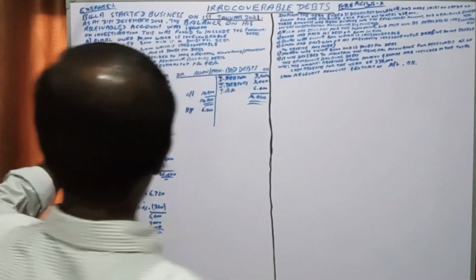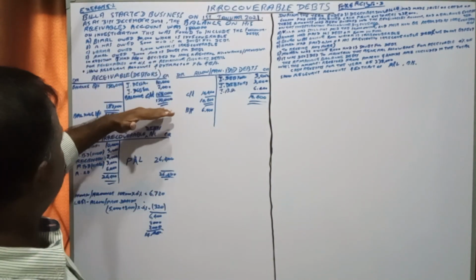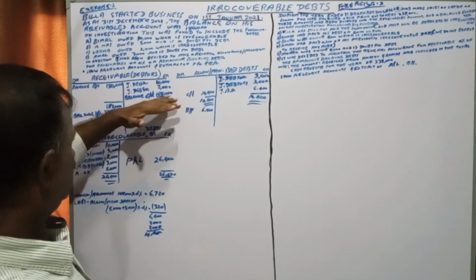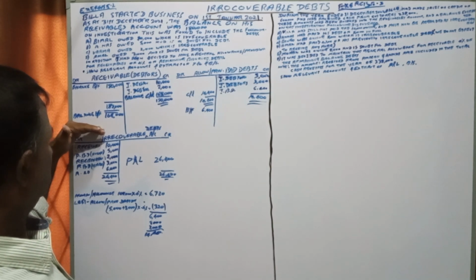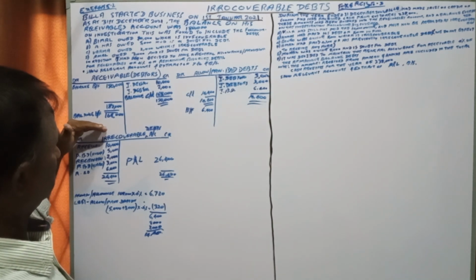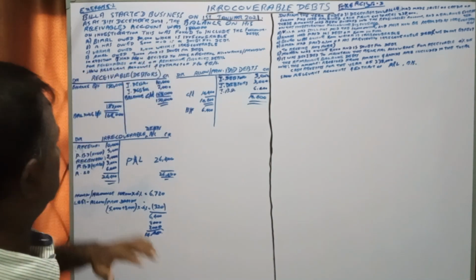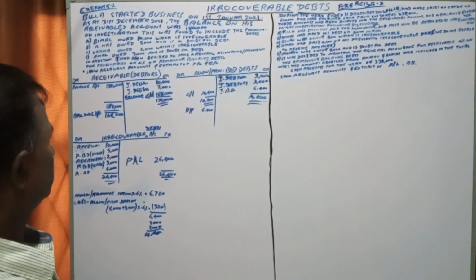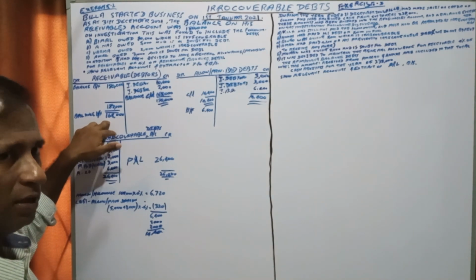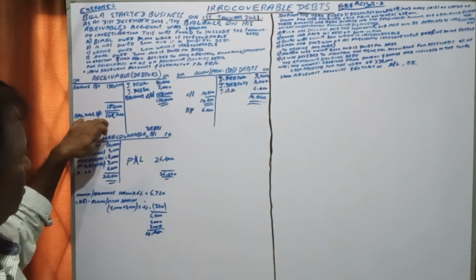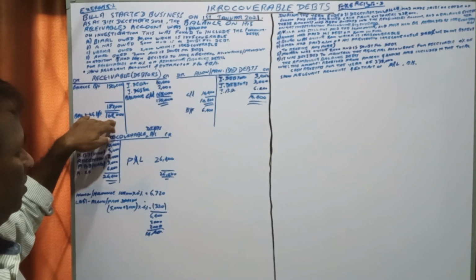Because we had to balance the receivables, 168,000. These two are totally removed, right? 12,000. So we had to deduct the 12,000, then 168,000 is the debtors. From the 168,000 only we had to calculate the general provision.